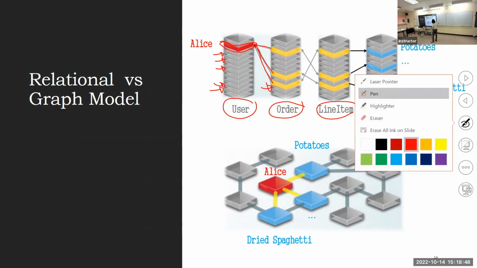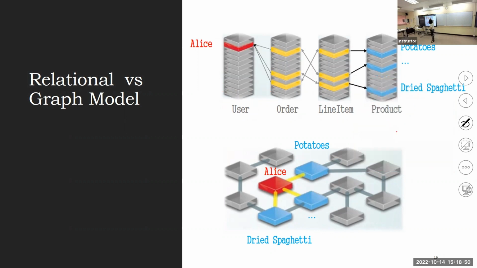Look at the arrow carefully too. This arrow refers to a foreign key. The foreign key starts from the order back to Alice, right? So we want to find the orders that belong to Alice. We want to find the order items from each of these orders as well.